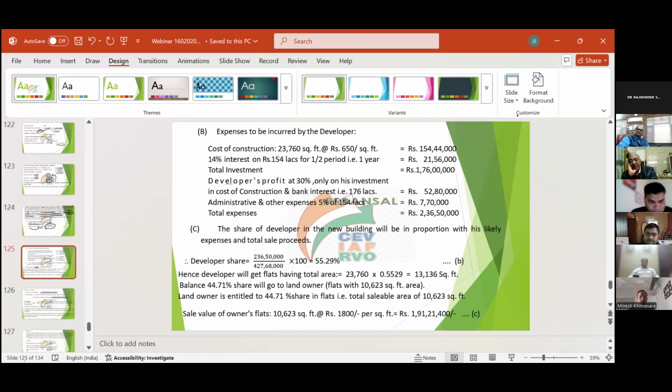Now see, the expenses to be incurred by the developer. How much does he have to incur? He has to construct the building, 23,760 square feet at the rate of 650 per square feet, which is 1 crore 54 lakh 44,000.